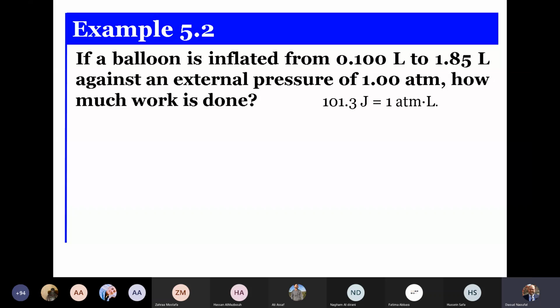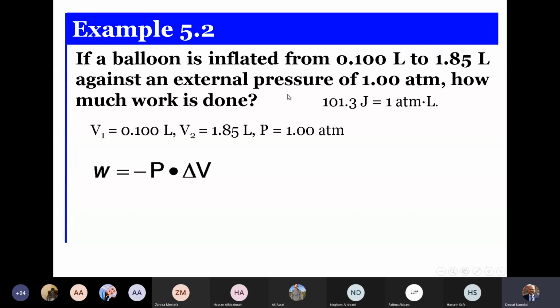We apply the relation: V initial equals 0.1, V final equals 1.85, P external equals 1. The pressure in this exercise is constant. We don't have any indication that the external pressure is variable.